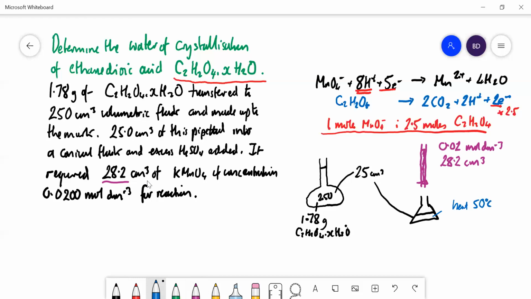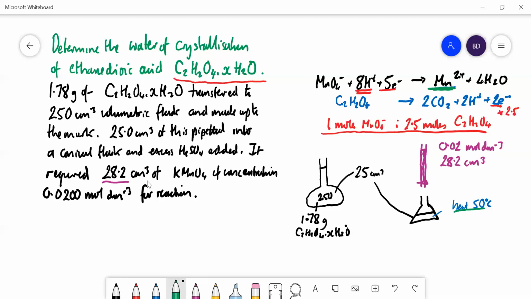But towards the end, you don't have to worry about it being too hot because the rate of reaction gets a lot faster because you make these Mn2 plus ions. And if you've done this part of the specification already, the Mn2 plus ions are catalytic for this reaction. It's called an autocatalytic reaction, so the product actually catalyzes it. So it's pretty slow to start off with. You need to heat it, but once it gets going, you've got plenty of Mn2 plus, it's pretty quick. So at the end point, you don't need to keep heating it up.